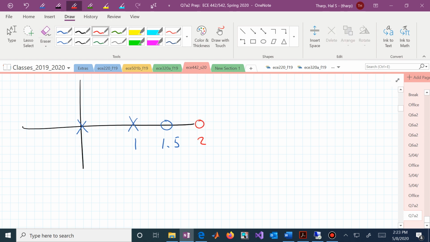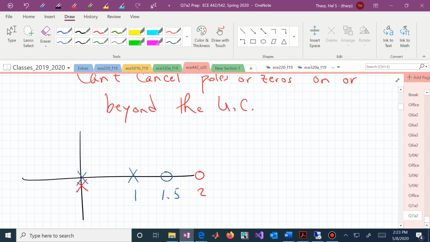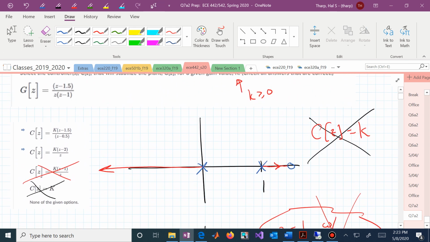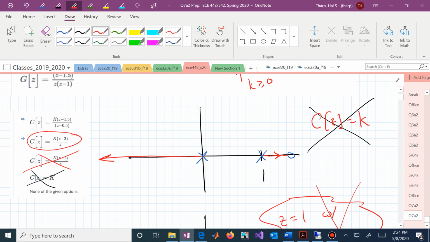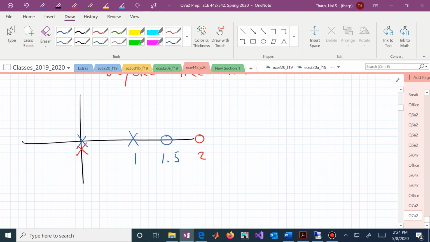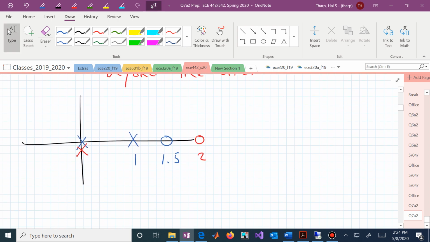But here is what we have, and we also placed a pole at the origin in this particular controller. Now I want you to sketch the root locus. We know there are branches on that line segment of our root locus. There are actually two branches here, and there's a branch there.